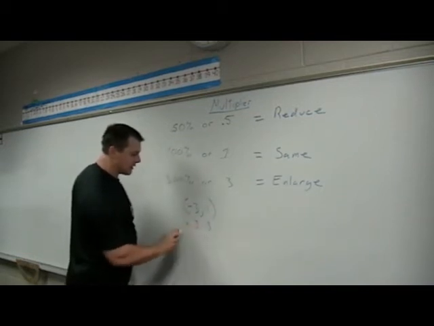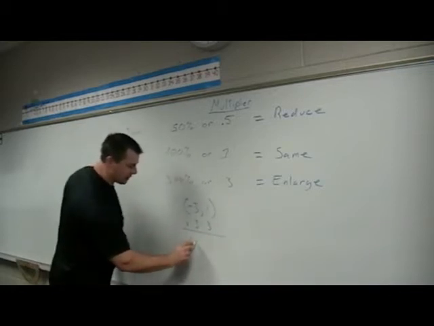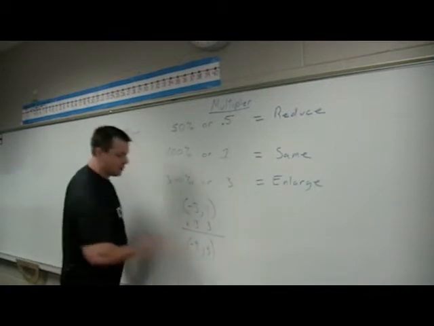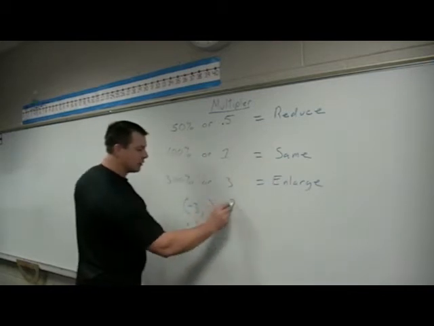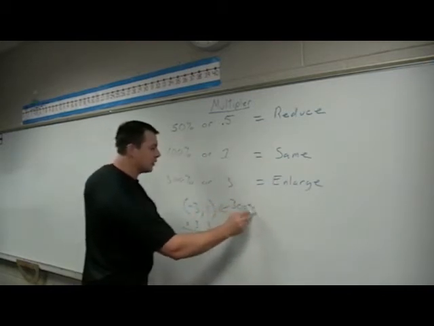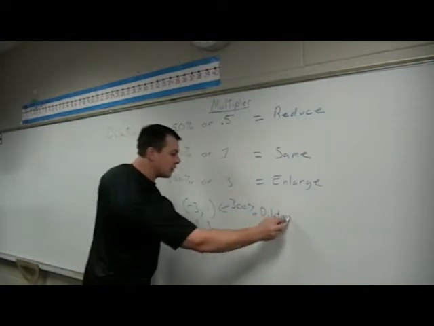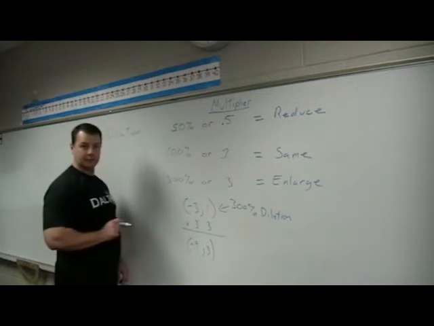We're going to times both sides by 3, and you end up with -9 and +3. So a 300% dilation of this point is going to be -9, 3.